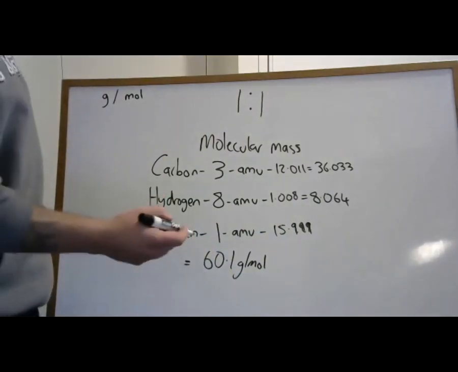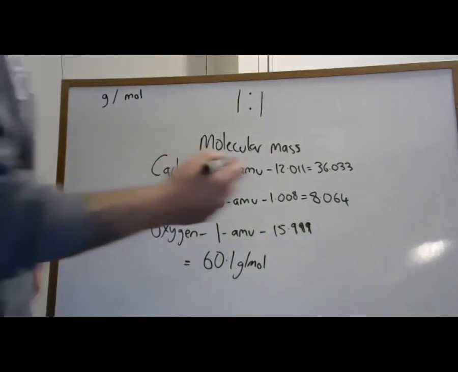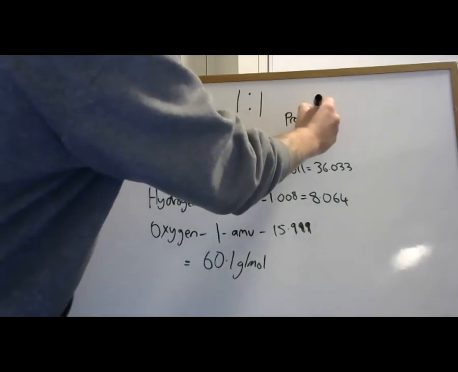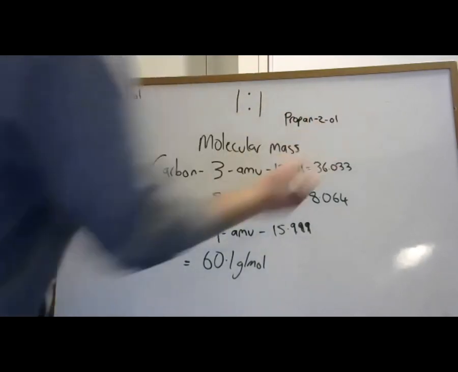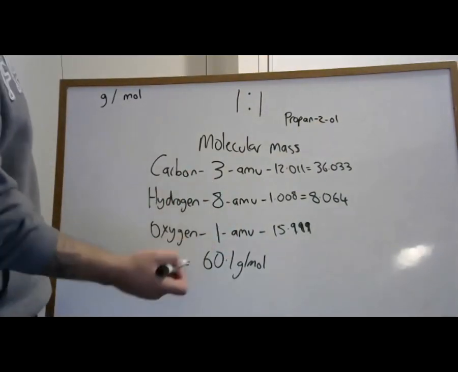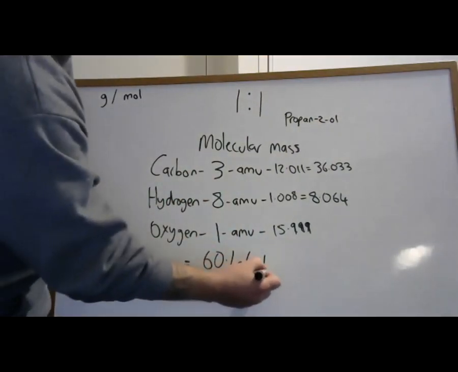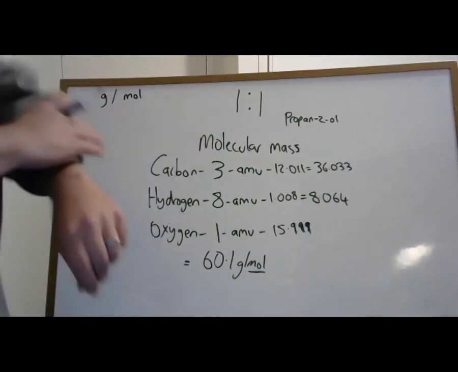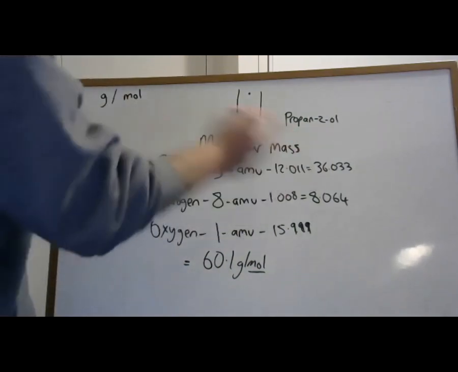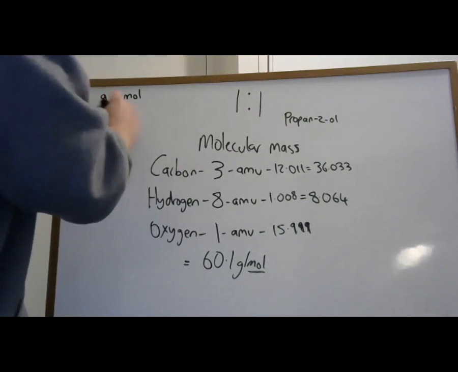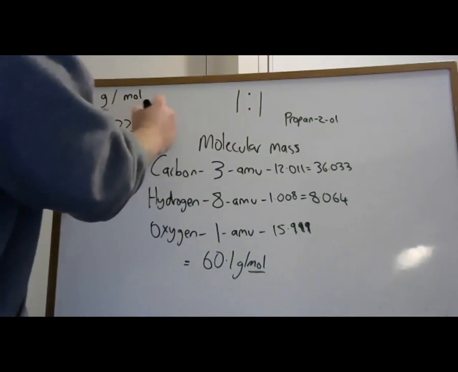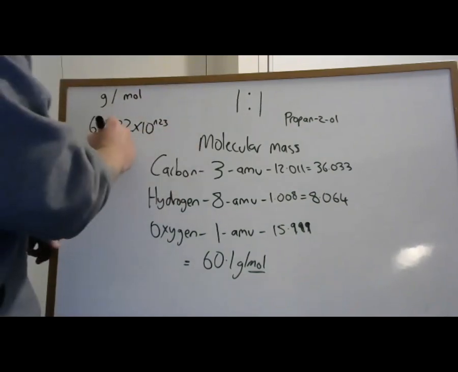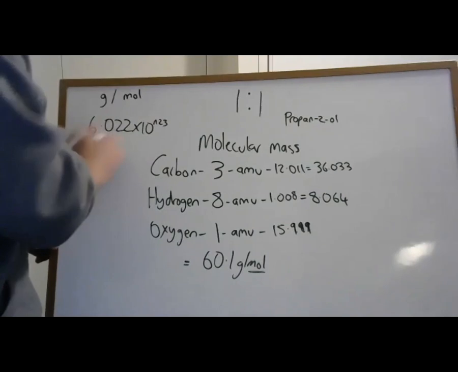So every time we have 60 grams of propan-2-ol, we have 1 mole. And if we remember back a few weeks, 1 mole equals 6 times 10 to the power of 23 atoms or molecules.